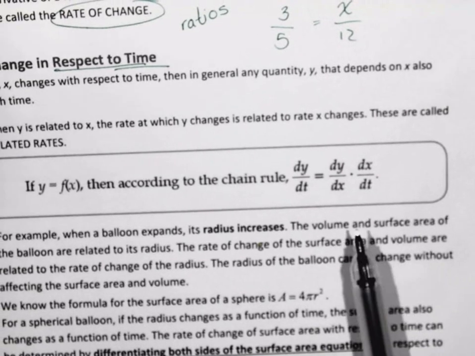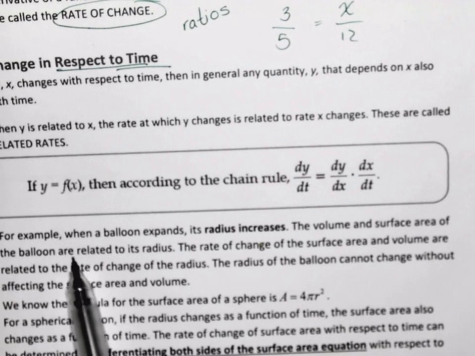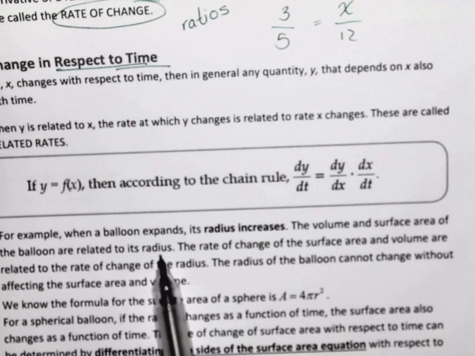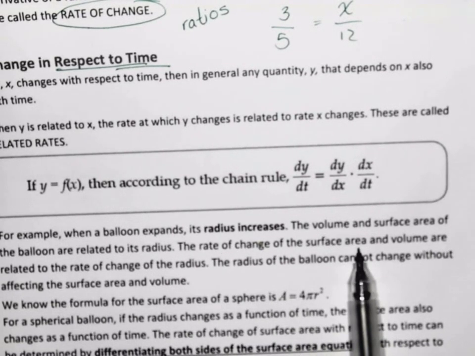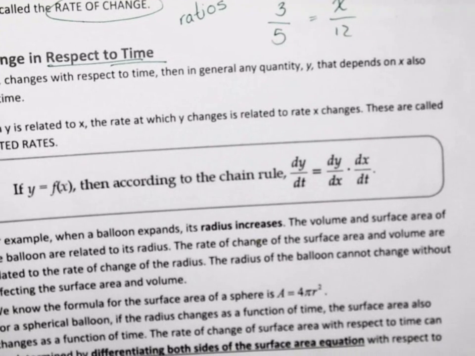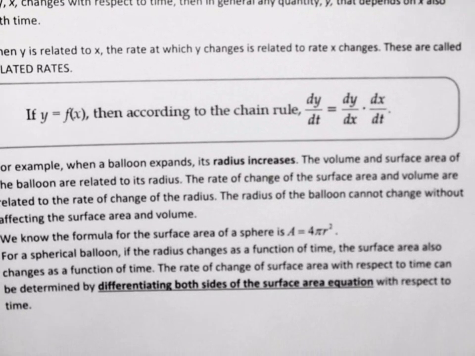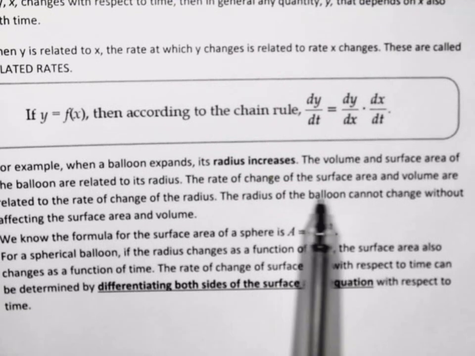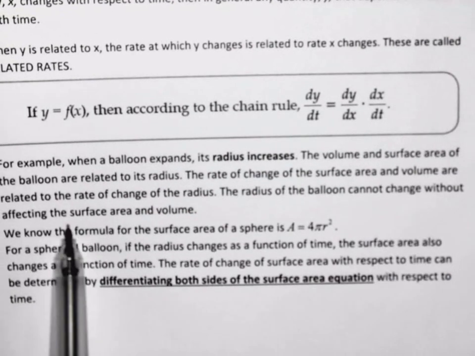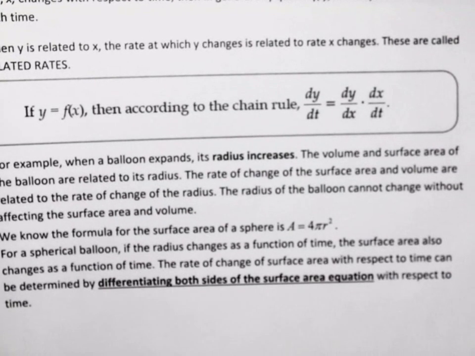The volume and surface area of the balloon are related to its radius. Therefore, the rates of change of the surface area and volume are connected to the change in the radius. We can't change the radius without changing the surface area and the volume. Everything's connected.